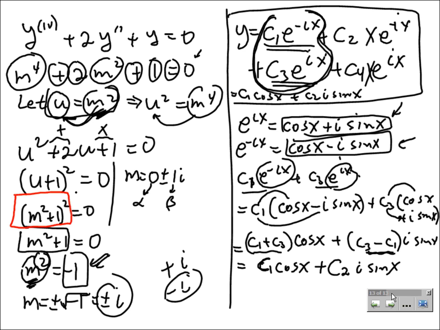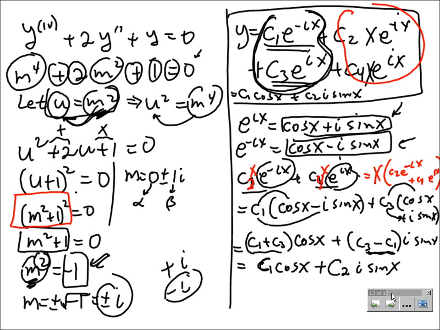Now, what will these other two add up to? They're very similar. Maybe here I have C2 and here I have C4, but they also have an x. I can factor out the x. So I have x times C2 e to the negative ix plus C4 e to the ix.